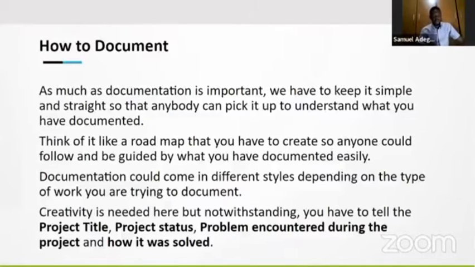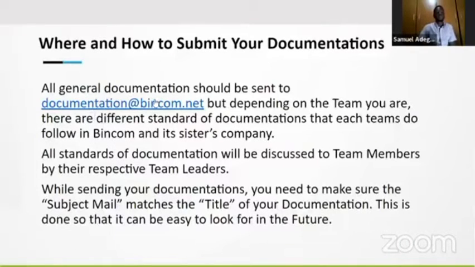You can create documentation in a tabular form by naming the columns with titles. The first title could be the project title, as I've listed here, then the status of the project. Send it to documentation at Beacon.net.